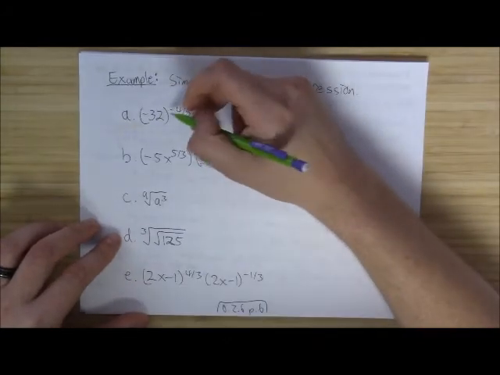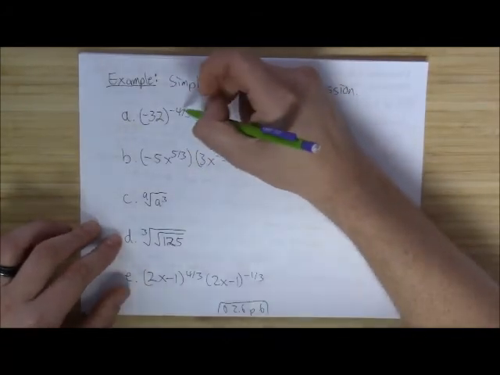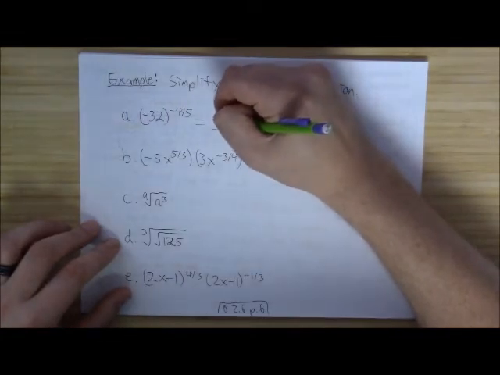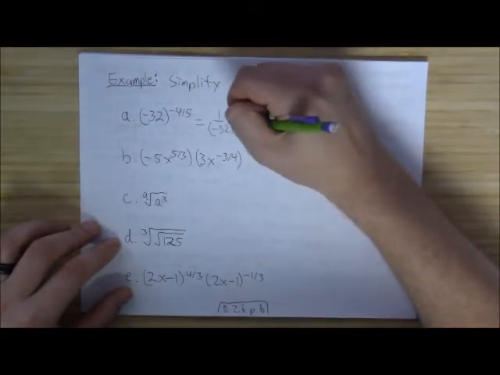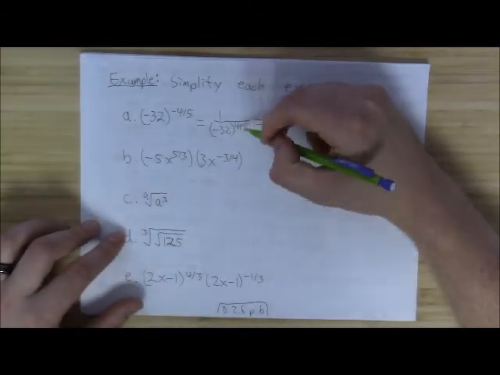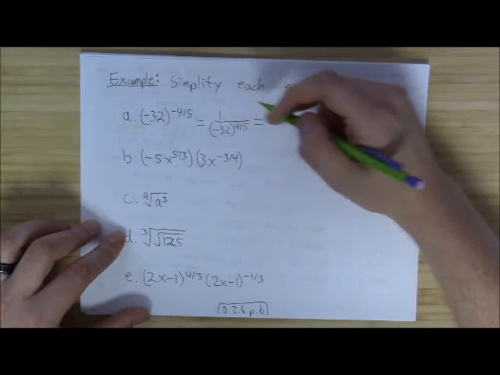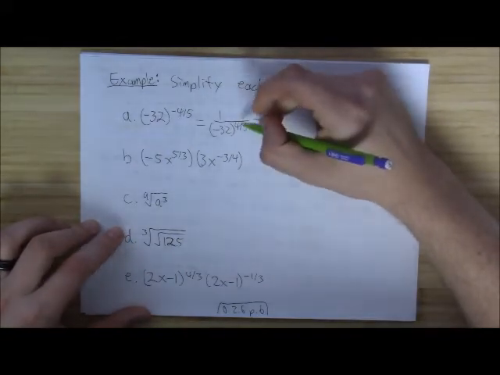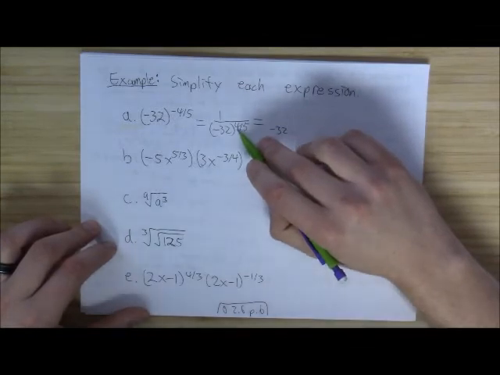So we have negative 32 to the negative 4/5 means we actually have negative 32 in the bottom to the 4/5, which means we're actually taking, I'm going to write it this way, negative 32. We can either take the root or apply the exponent first.